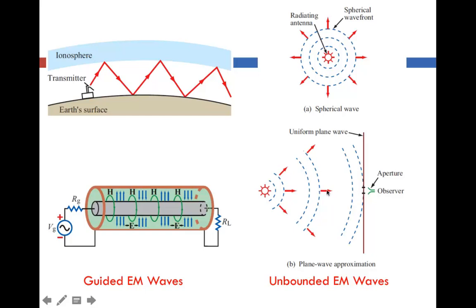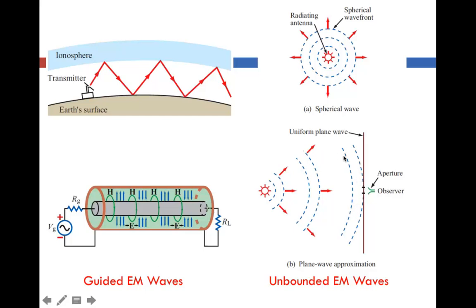Basically, if this is the direction of travel, the electric and magnetic fields look like they're perpendicular to that. So it looks like a plane wave, or a wave that has a flat wavefront. We approximate these spherical waves as plane waves because typically by the time you get a reasonable distance away from the source, the aperture of the observer is so small that for all practical purposes you don't see the spherical shape of the wavefront.